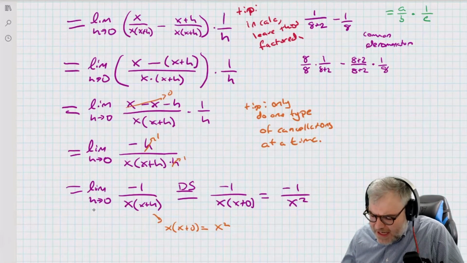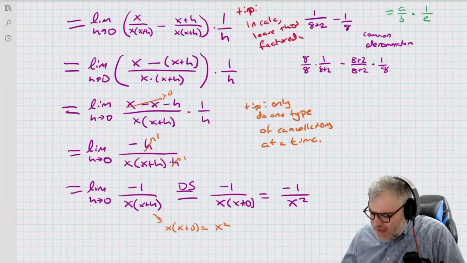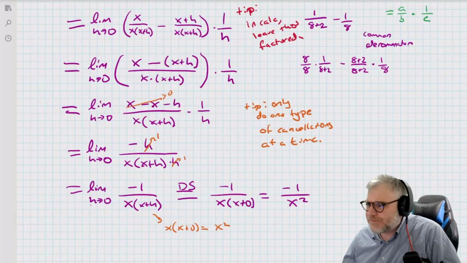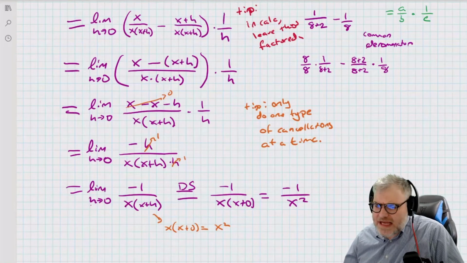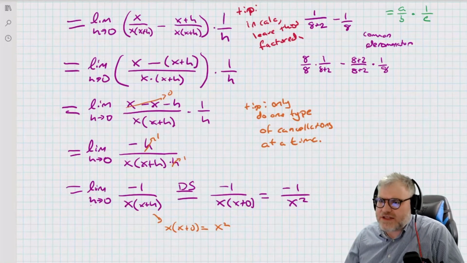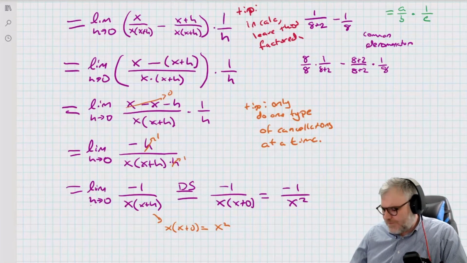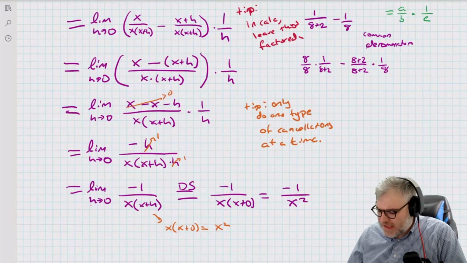So when I had h goes to 0, I substituted in the 0, and that's what got rid of that other h. Is that what you're asking about? Someone is asking why did I get rid of the h at the end? And the reason is because now I substituted in. Right? I got rid of the limit. I substituted the 0 in.